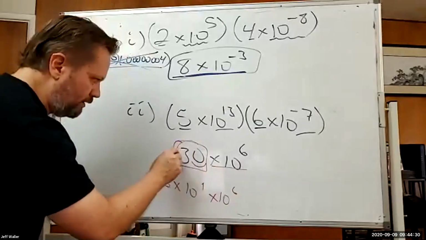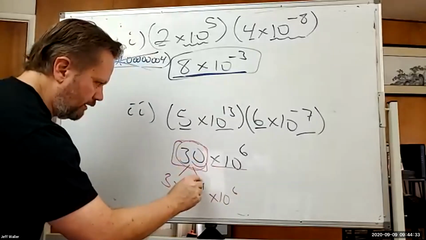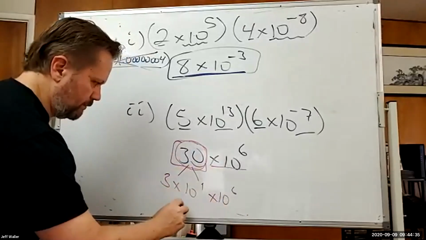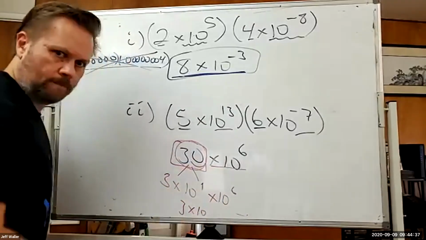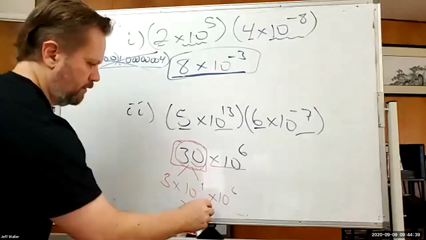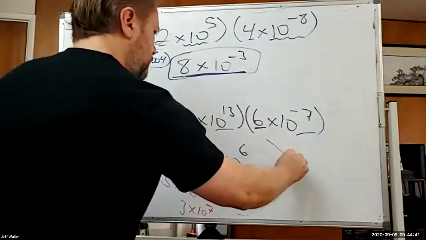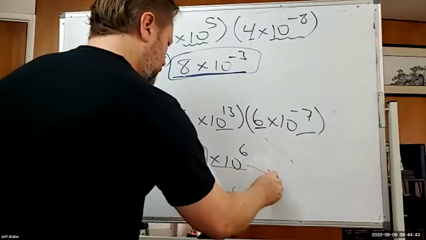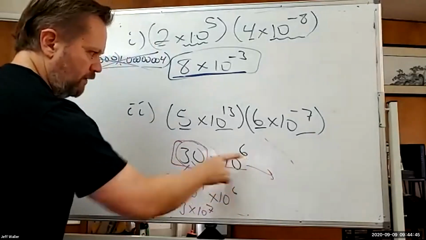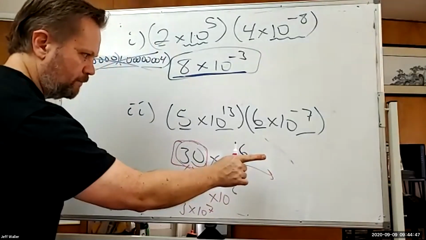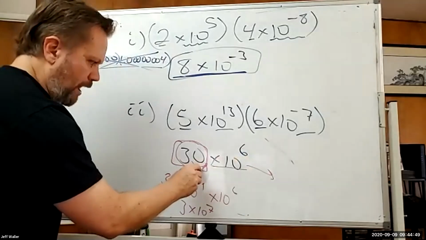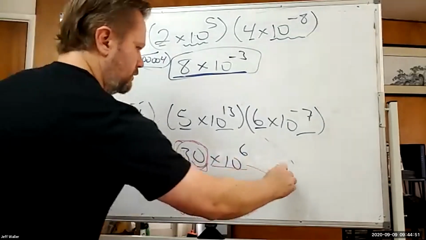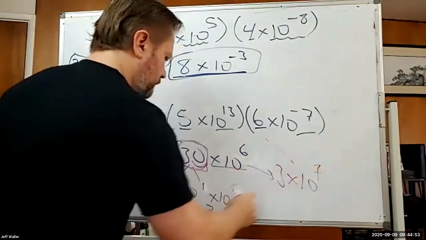So I just rewrite this, I rewrote that times 10 to the 6th. So this becomes 3 times 10 to the 7. The other way to do this is that he wants to move it 6 places that way, right? I move it back once, so now it's got to move it 7 places that way. Same answer.